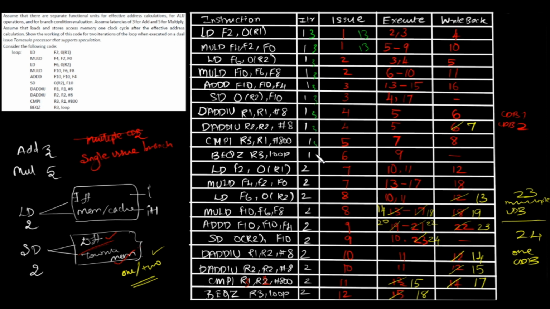In the 13th, 14th, 15th clock cycles this would have been issued, at 16 these two would have been issued, at 17 these two would have been issued, and in the 18th this would have been issued. One complete iteration would have been issued before the execution of this branch is over.